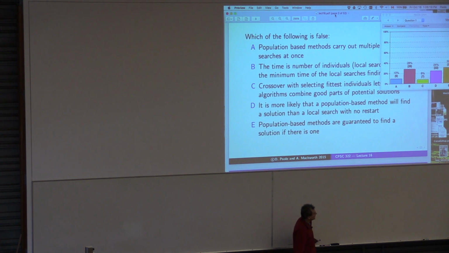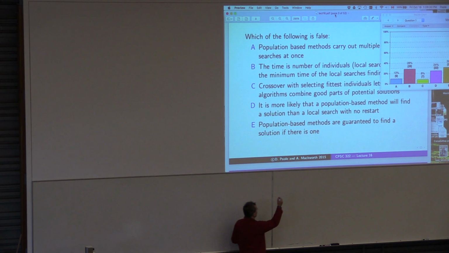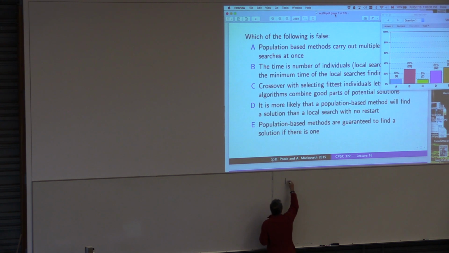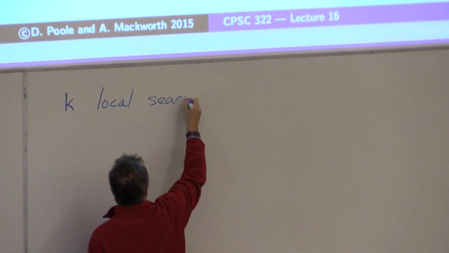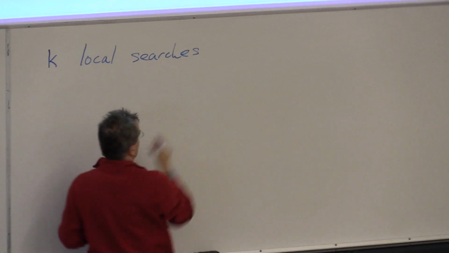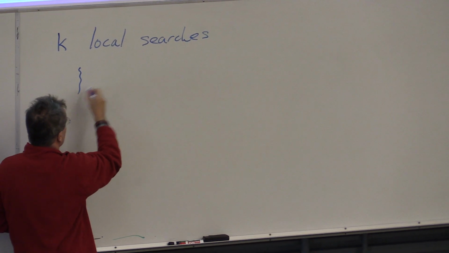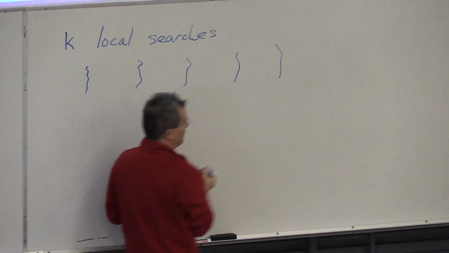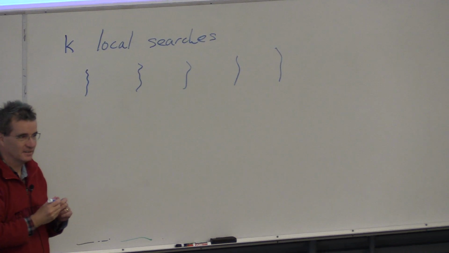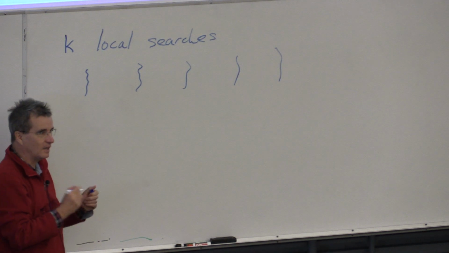All right, let's go through these in some sort of order. B. So what happens, we're carrying out multiple searches. We're carrying out K local searches at the same time. So there's K things going along all throughout this. And what happens when we find the solution? We can stop, right?